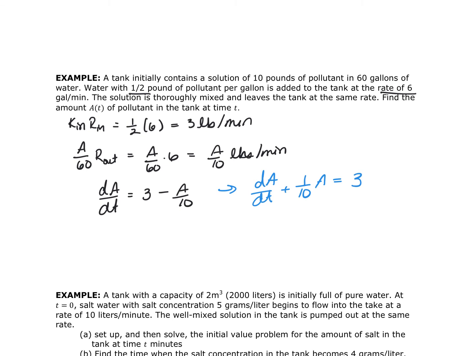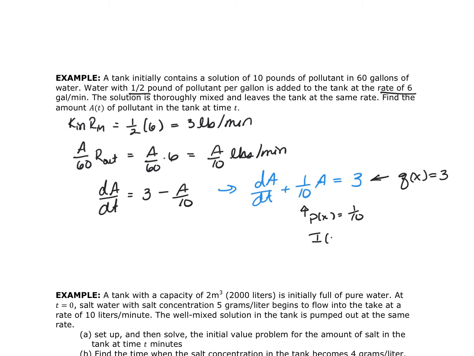now we know that this is a linear differential equation, not separable. So we need to find the integrating factor. In this form, a good choice for P(x) is 1/10. That means Q(x) is equal to 3.